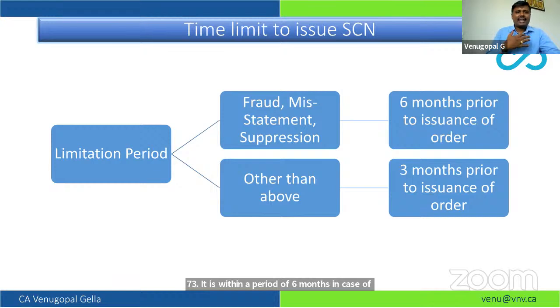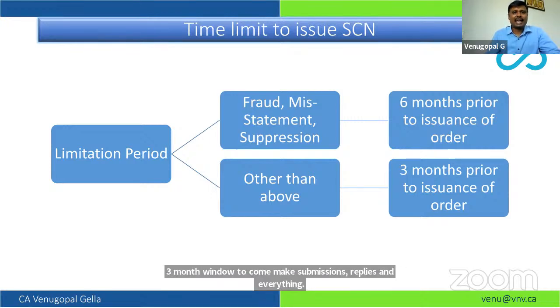That means I need to have at least 3 months to come back to you as an officer and discuss the case before you make up your mind and create a demand. So before the order is made, you should have a clear 3-month window to make submissions and replies. So the show cause notice has timelines.